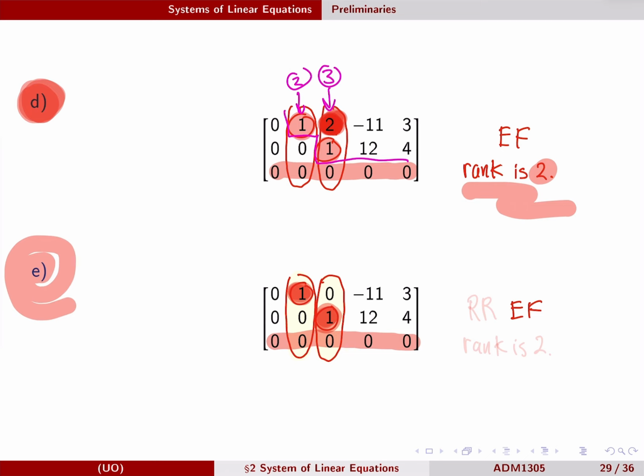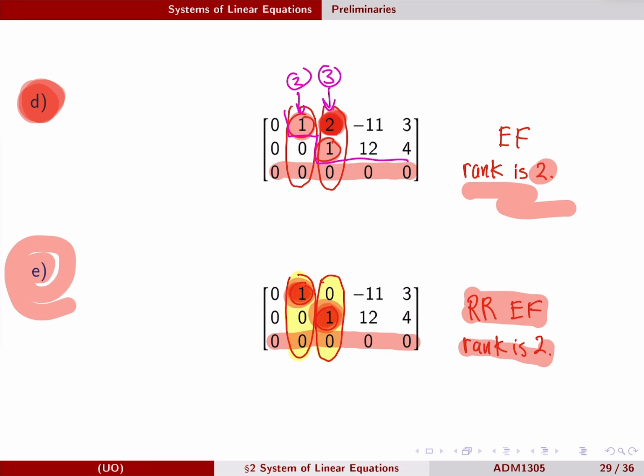The first pivot in the second column is 1, and it's alone in its column. And the second pivot here in column 3 is also alone. So this matrix is in row reduced echelon form, and the rank is again 2.